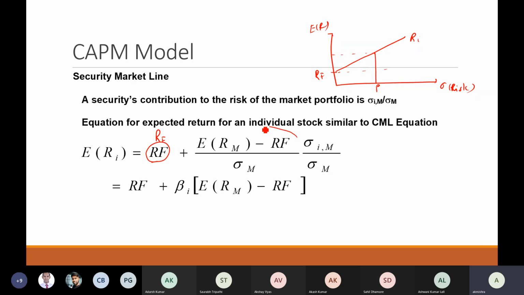And this is, if you look here, RM minus RF. So if I'm saying some point RM, this slope is basically nothing but your beta.